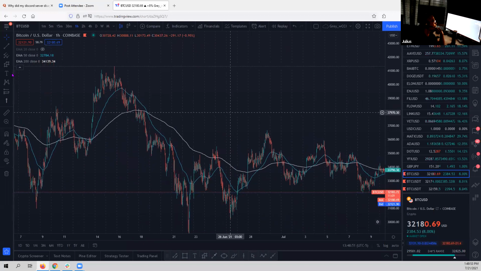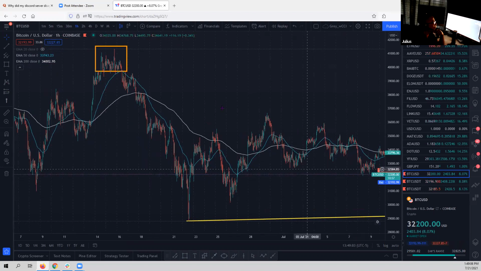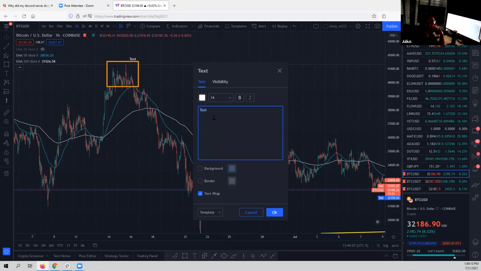We're going to mark it on the way down. Okay, so that's peak formation, otherwise known as swing high.